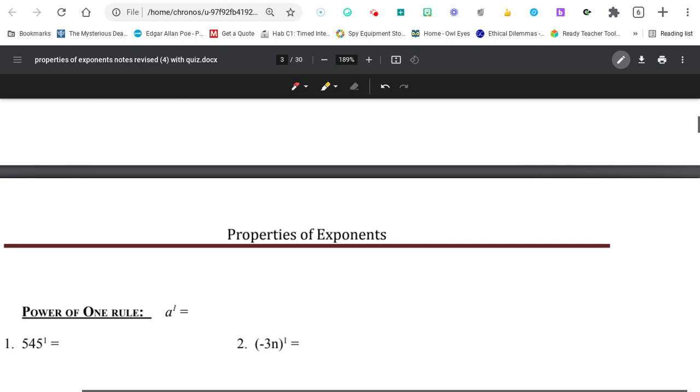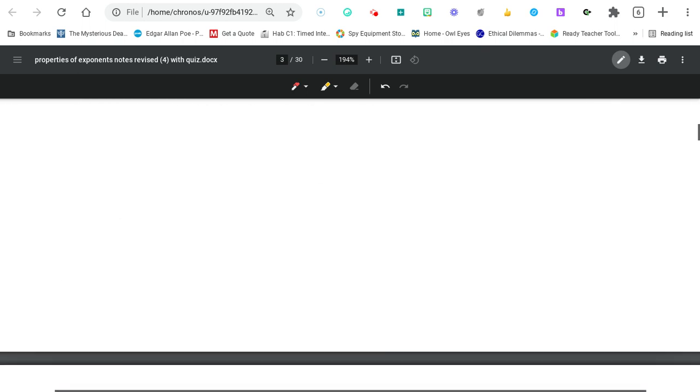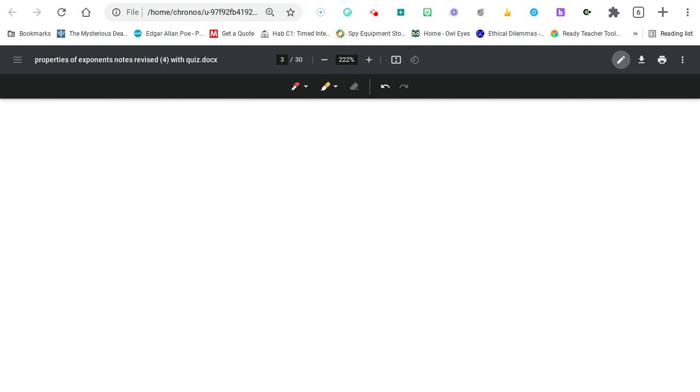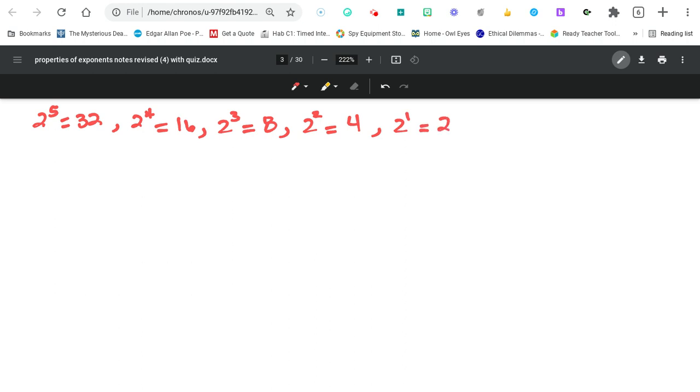I'm trying to go to a space that has plenty of room. Okay. But this goes on your notebook paper, okay, guys? So I'm going to put this back at the top. Okay. I want that at the top. All right, now I want to make a chart. We had 2 to the negative first power.